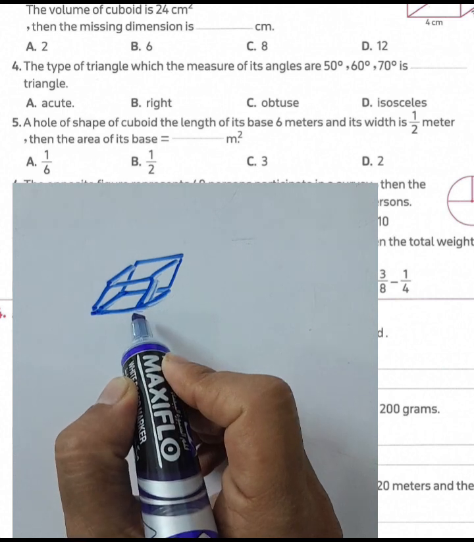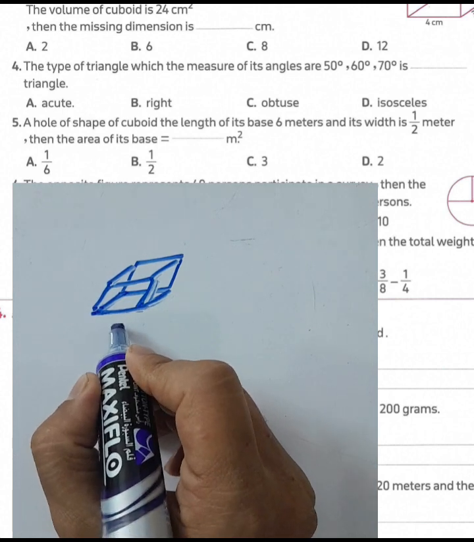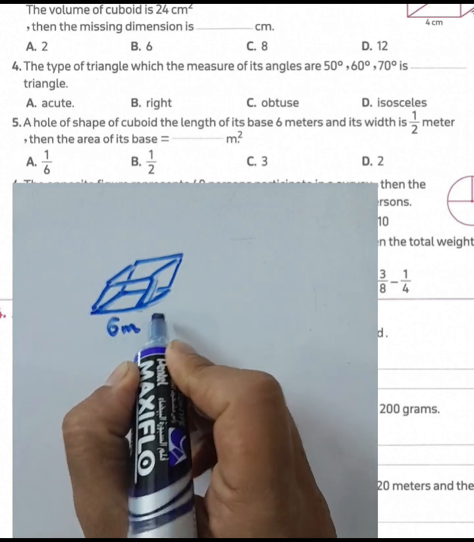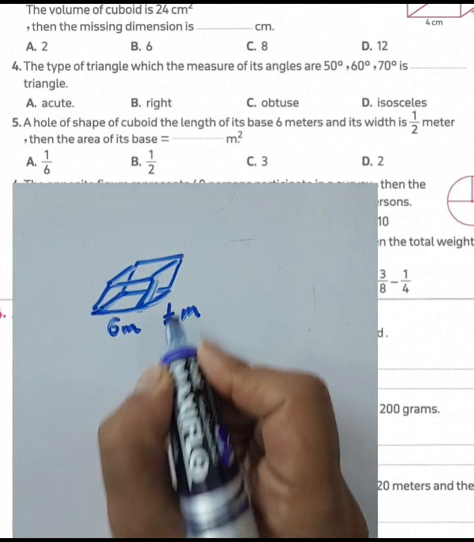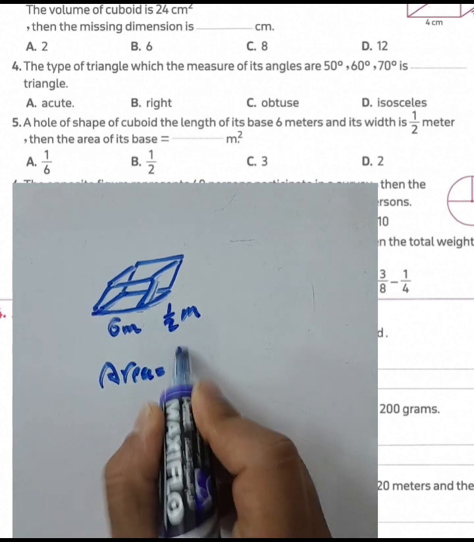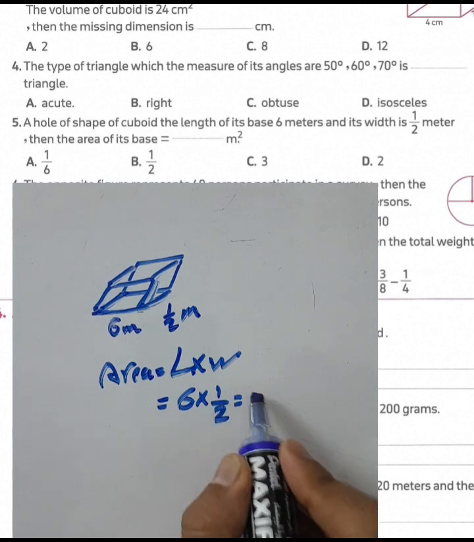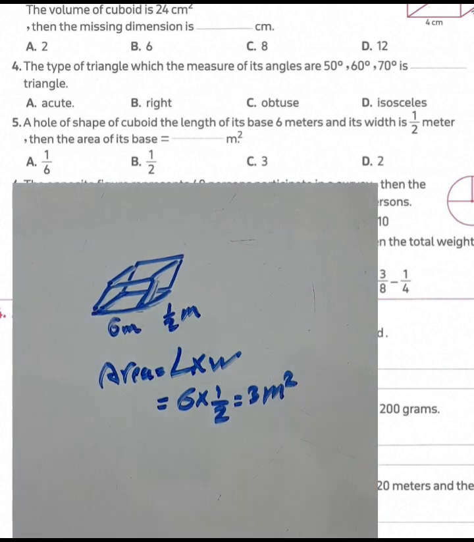In this cuboid we have length and width. The length is 6 meters and the width is half a meter. He wants to find the area of the base. The area of the base equals length multiplied by width. Right, 6 multiplied by half equals 3 square meters. The result will be letter C for question number 5.